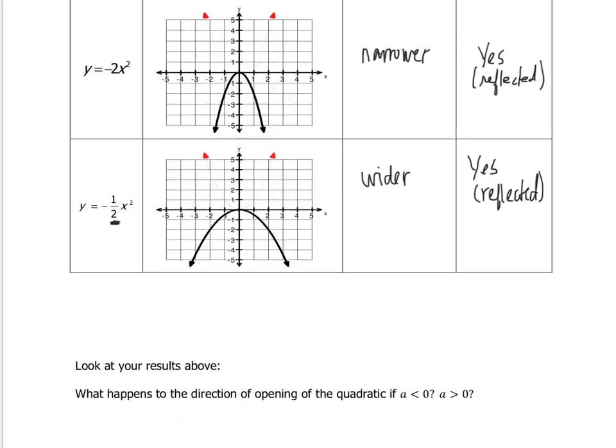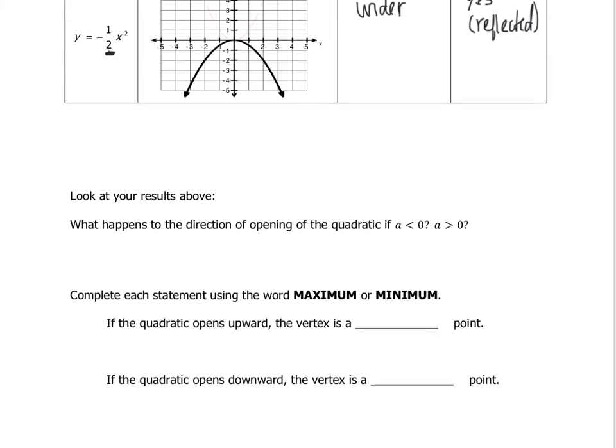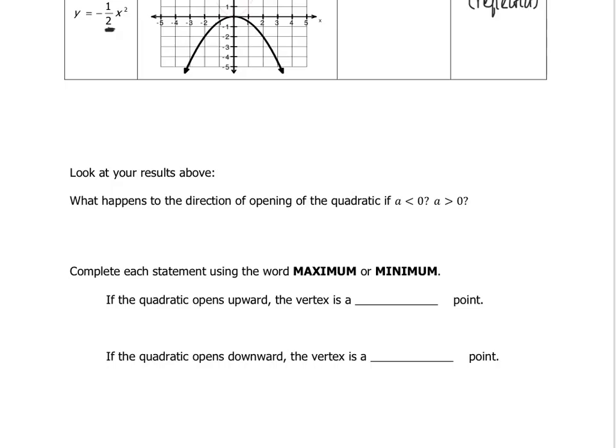So if we had to summarize that, we would say that if a is less than 0, it's going to be a negative, which means it's going to open down. And if a is greater than 0, that's a positive, it's going to open up. And if it opens upward, the vertex is considered a minimum point. And if it opens downward, the vertex is considered a maximum point.